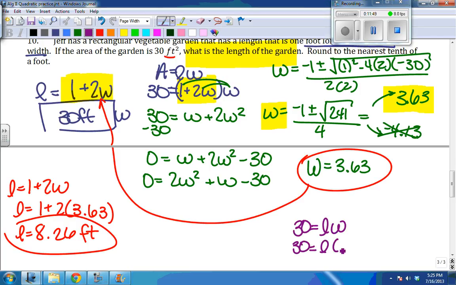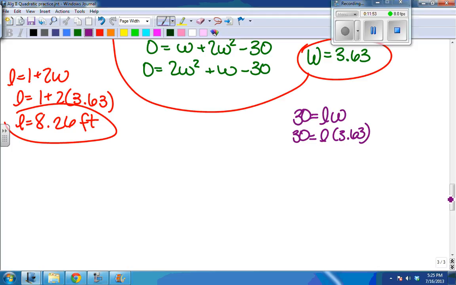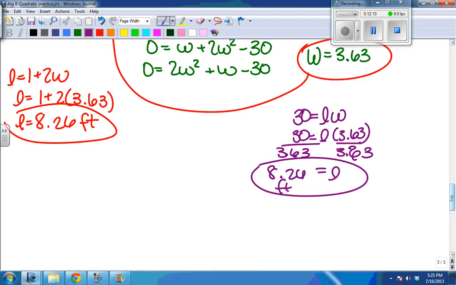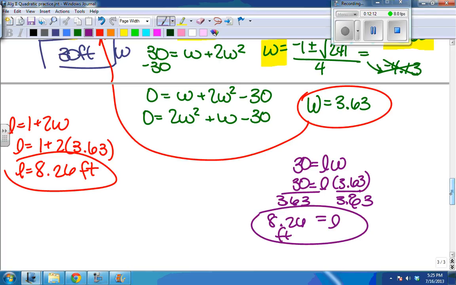They can solve for their length that way. You divide both sides by 3.63. You get the same answer as your length being 8.26. So either method works. Just make sure you're careful when you go back and reread the problem.